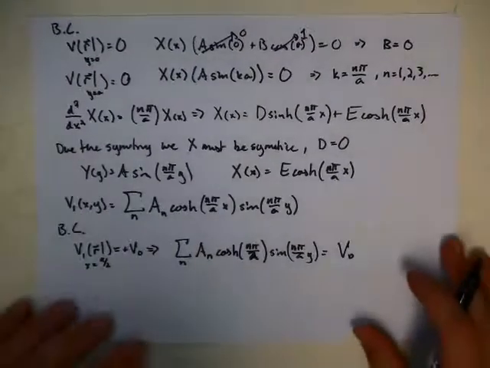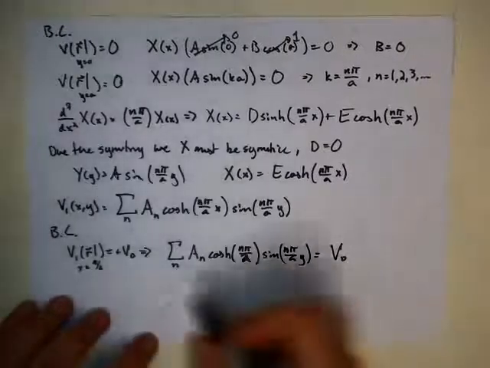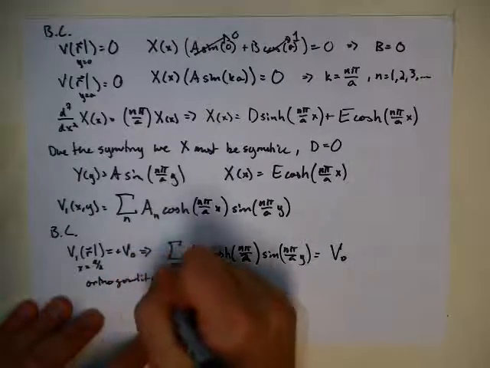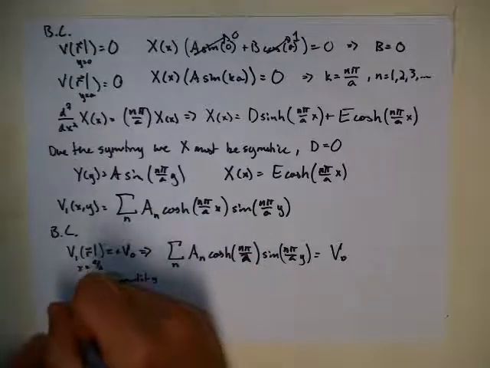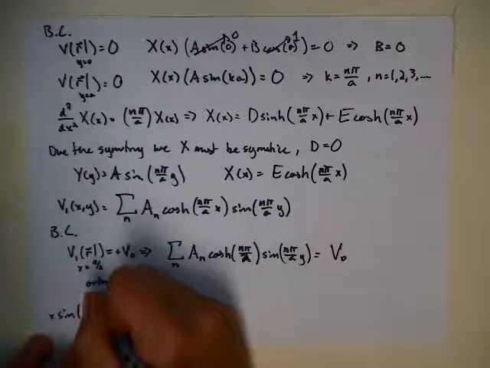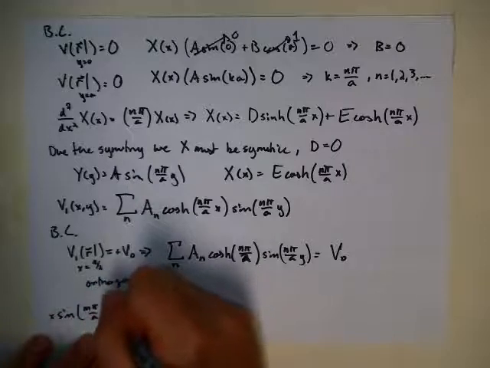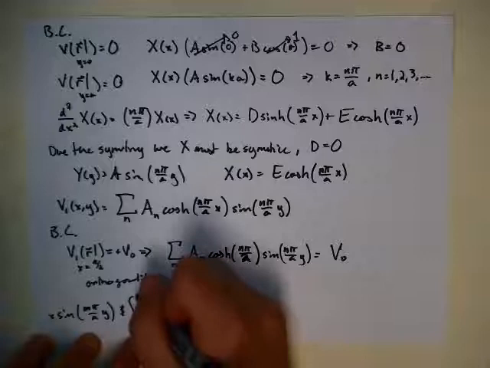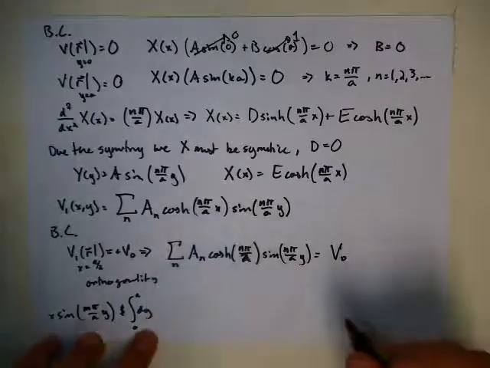Well, now we have to use Fourier's trick, and so we're going to use orthogonality. So we're going to multiply both sides by sine of m pi over a y, and we're going to integrate from 0 to a on y.